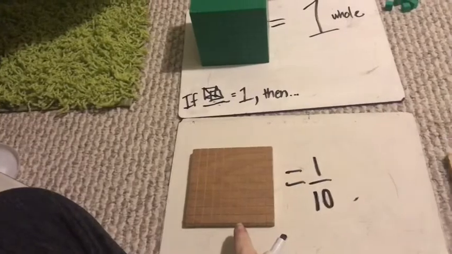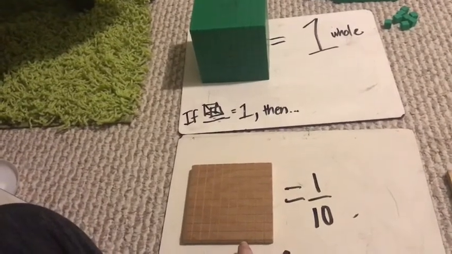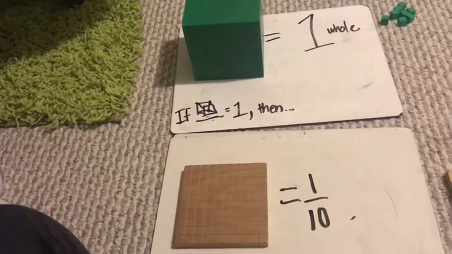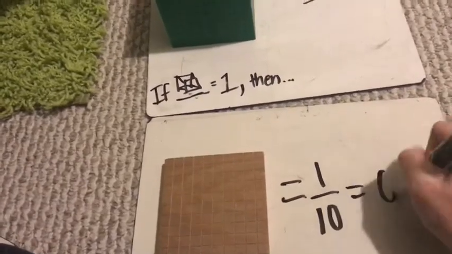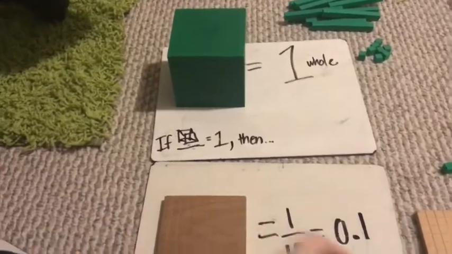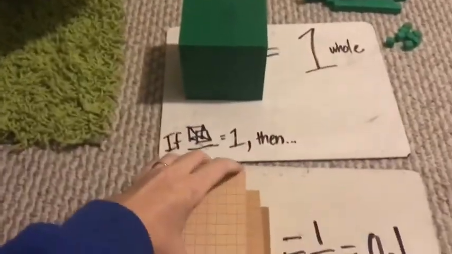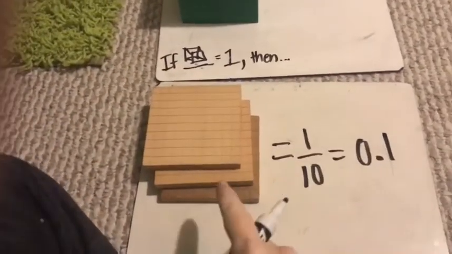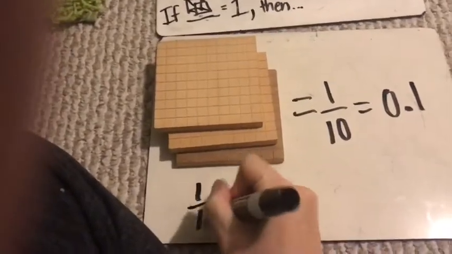Remember, this 1/10, we've already done 1/10 and it wasn't with these pieces. And that's good because we want them to understand that a 10th means that it's 1 out of 10 parts that make the whole. So this would be 1/10. Okay? Now you could even start doing things like this where you say, okay, well if that's 1 whole, then now what is this? Now I don't just have 1/10. Now I have 1/10 plus 1/10 plus 1/10, right?